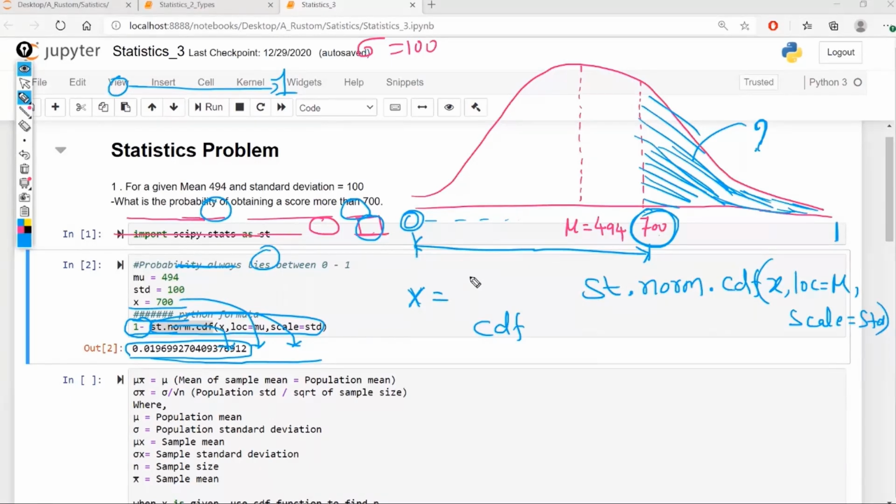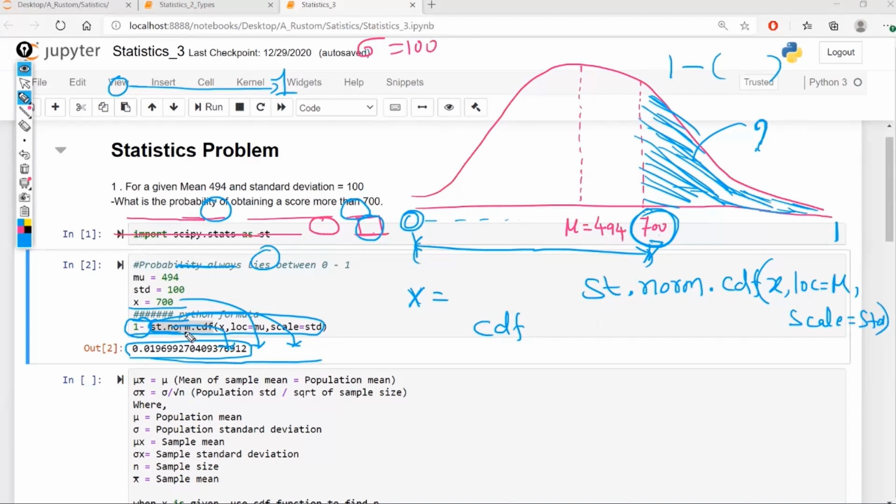But the problem statement is about obtaining a score greater than 700. So I need this portion's probability. So what I will do is say 1 minus whatever data I get here, and put it here.